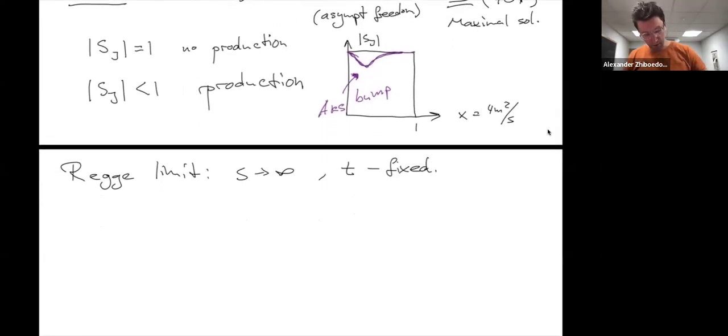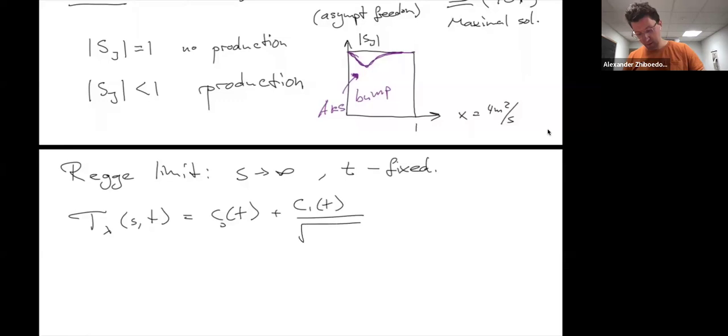You find that this function goes to some constant, and then there is an expansion in inverse powers of the square root of log S. Of course, this is not something you get from Feynman graphs, because it comes from a resummation, which is done by solving this equation, and then you get log to the 3/2, etc.